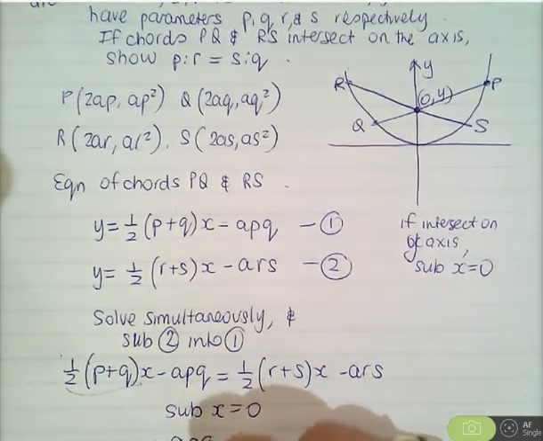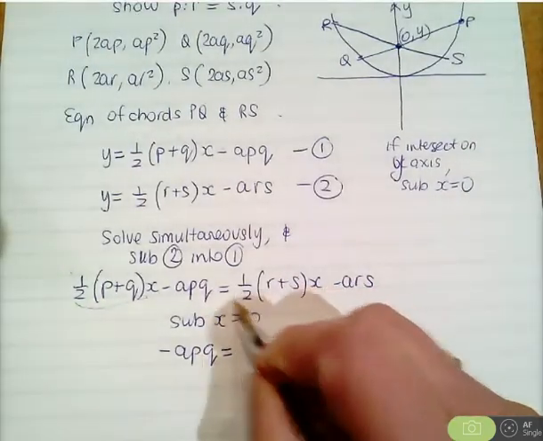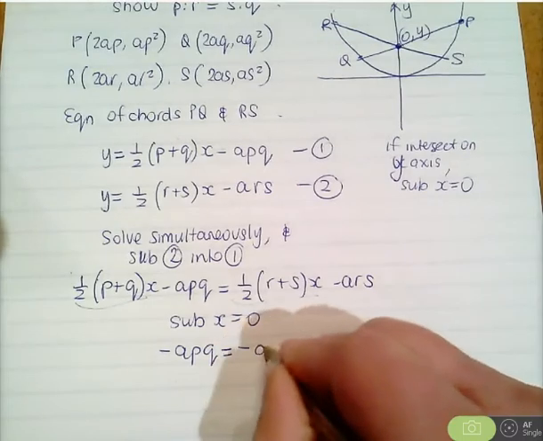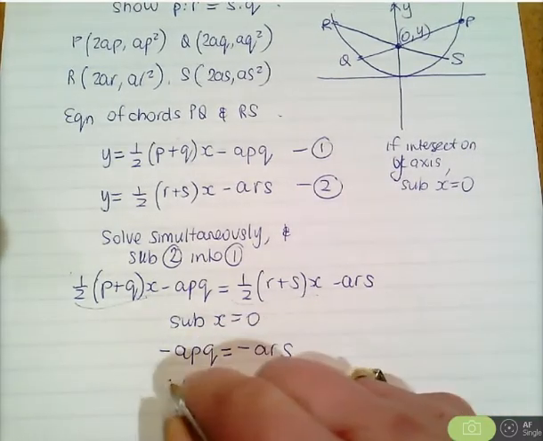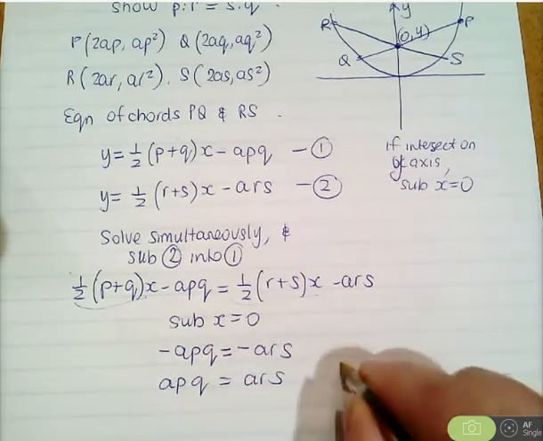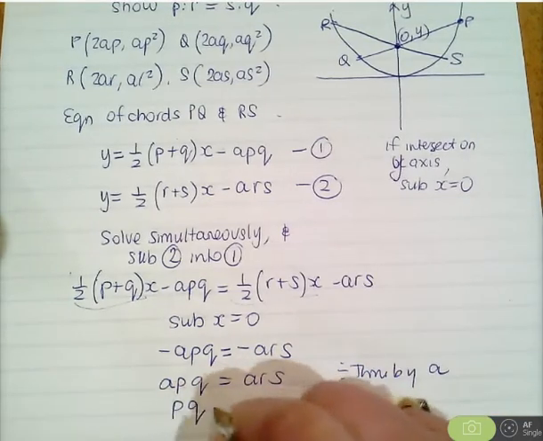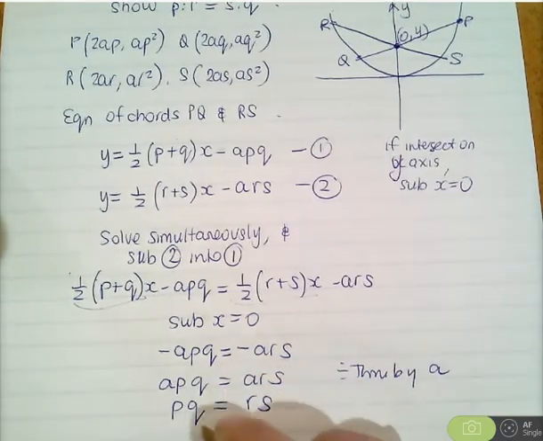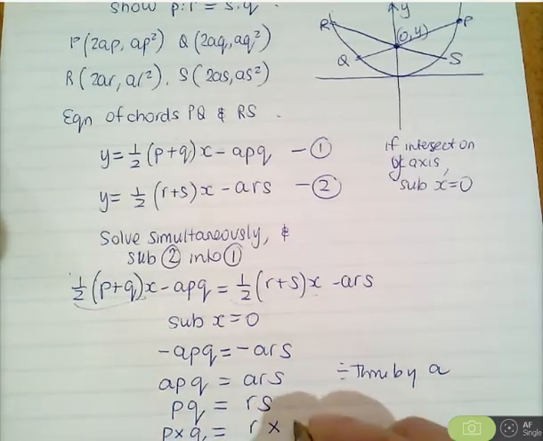So you get minus apq is equal to, now we know x is 0 here, so this all gets wiped out, minus ars. Now we can swap sides and we get apq equals ars. We can divide through by a and we get p times q equals r times s.